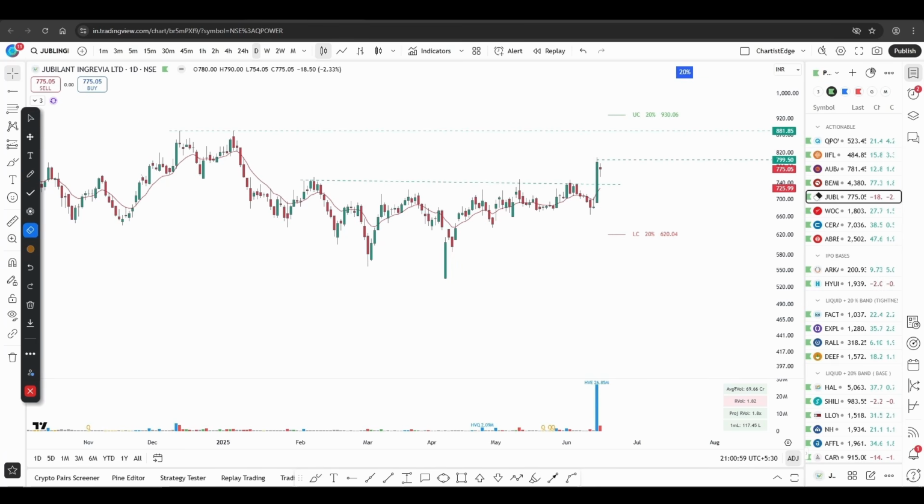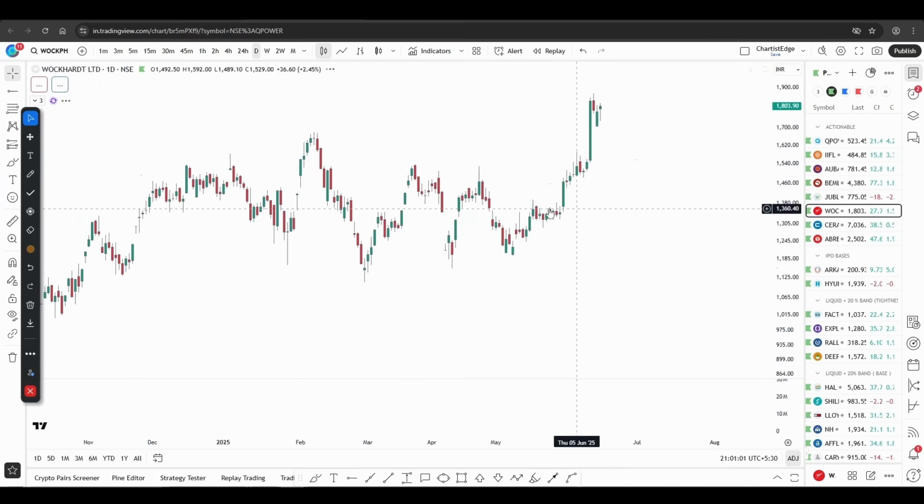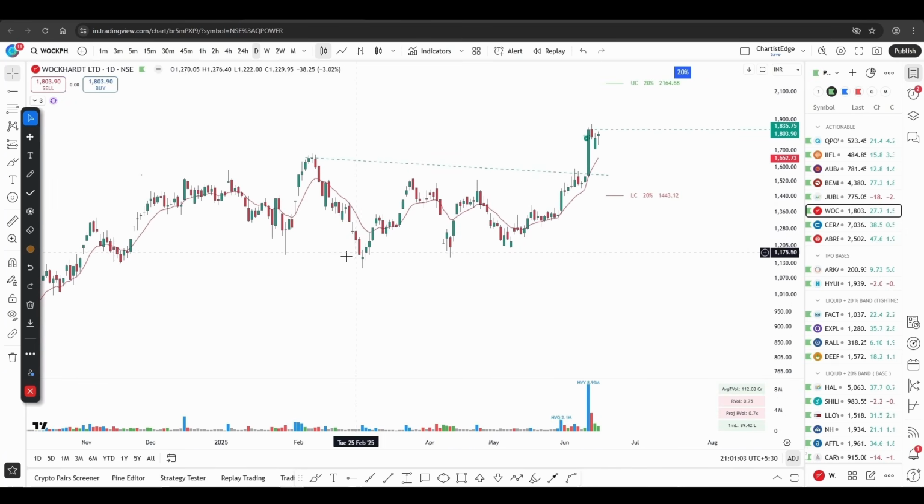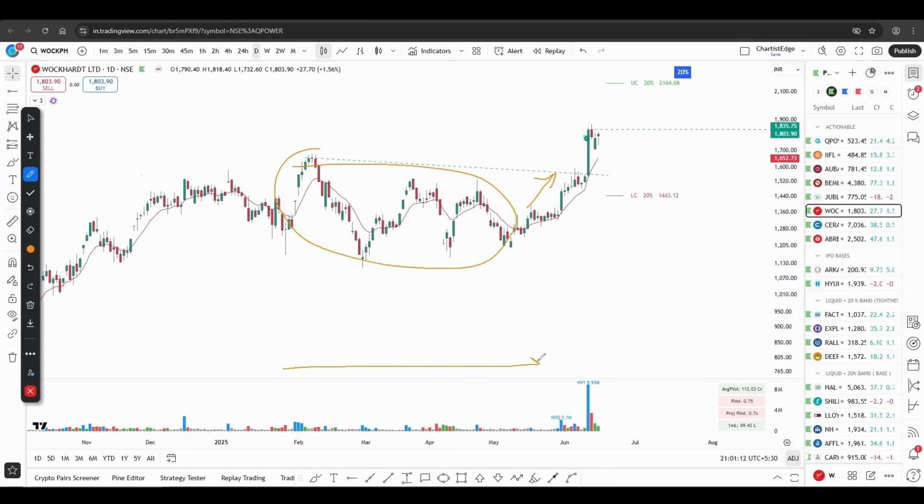Another setup that we should look out for is Vogue Pharma. Same thing here, LHS transitioned into RHS. The volumes were dead, but we can see that the volume presence is increasing when the price is going up. Now we can see that the price gave a pullback and made a low here.